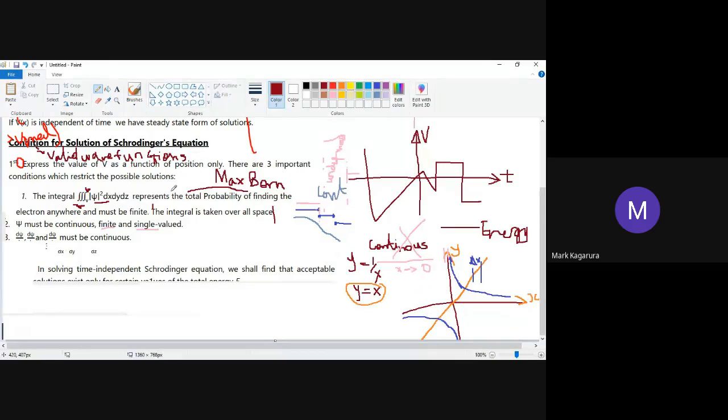But if the wave is traveling with respect to time, in the time domain you might have the particle not existing within that space, but that would be a bit complicated.